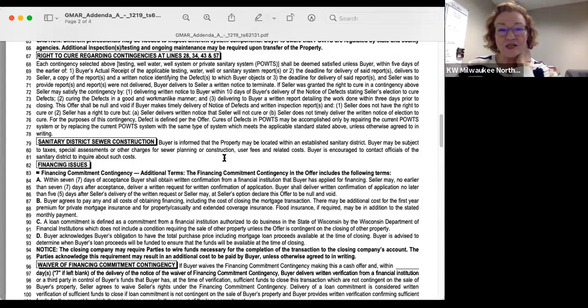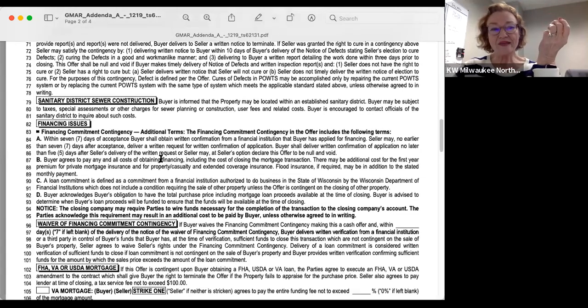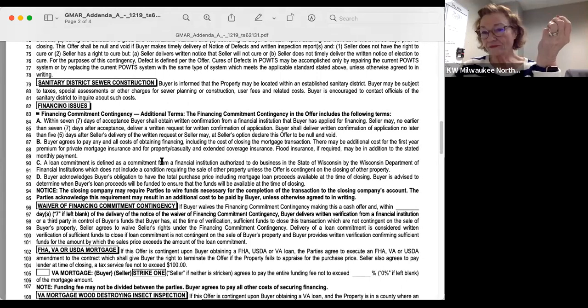Buyer is encouraged to contact officials of the sanitary district to inquire about such costs. This is just awareness, especially for buyers who have not been in this sort of situation before. So if you are in a sanitary sewer district, there will be fees and charges.